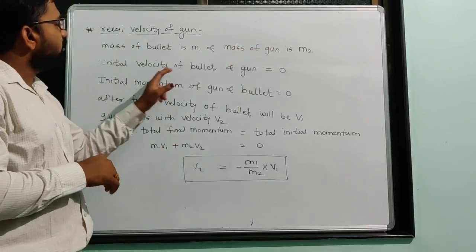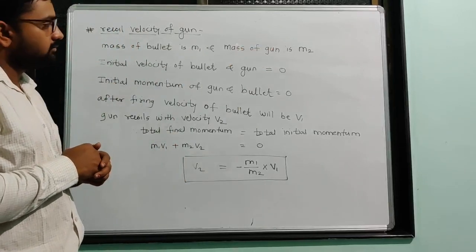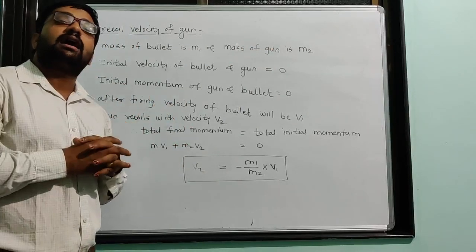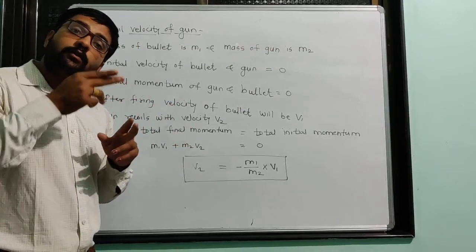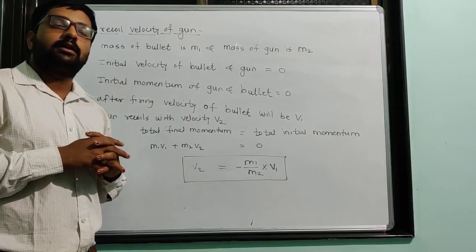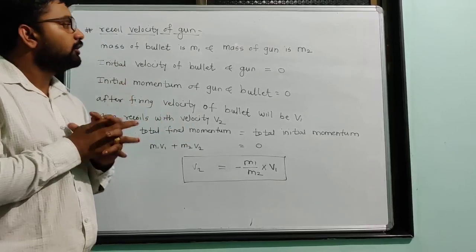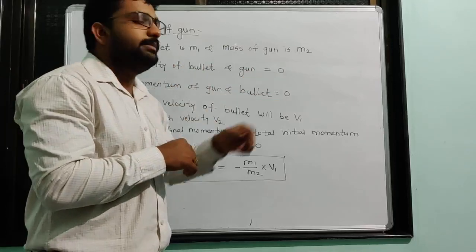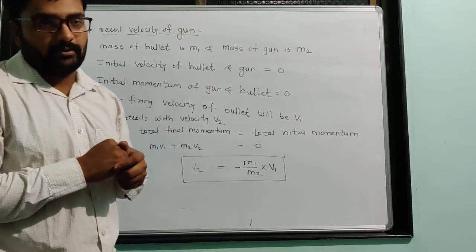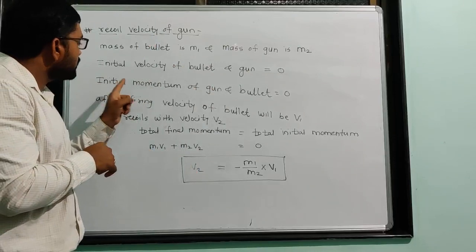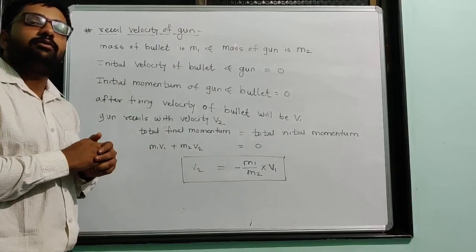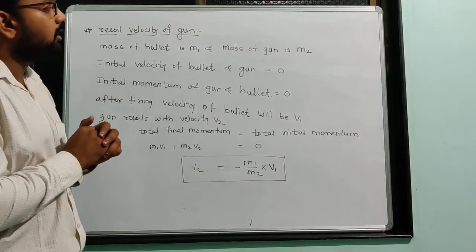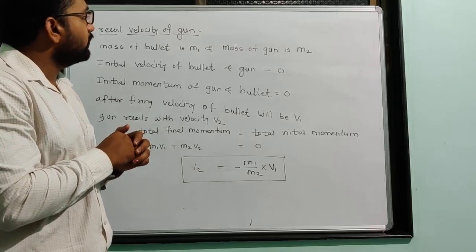Now the initial velocity of the bullet and gun: initially both are at rest before firing. Okay, gun and bullet are at rest, so the initial velocity of bullet and gun will be equal to 0. Then the initial momentum of the gun and bullet. We know momentum is simply the product of mass and velocity.